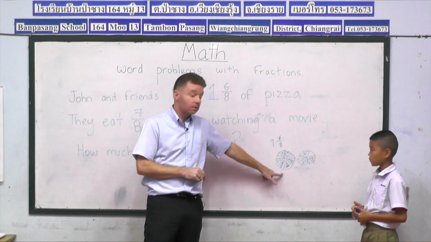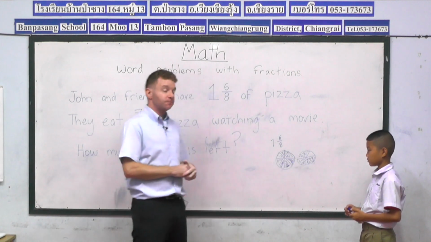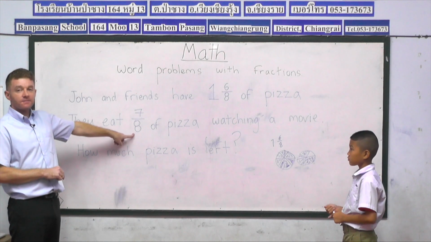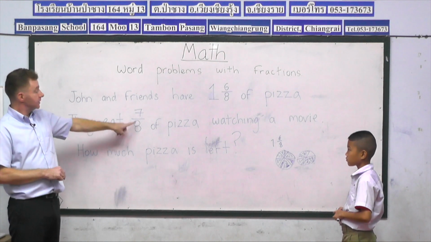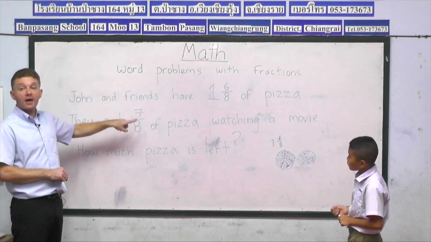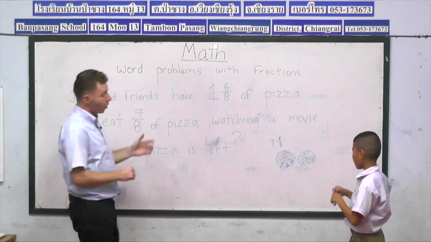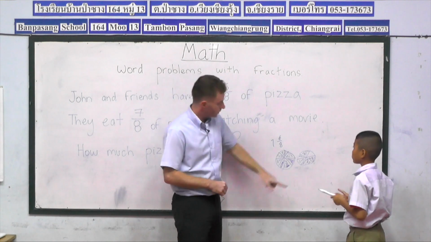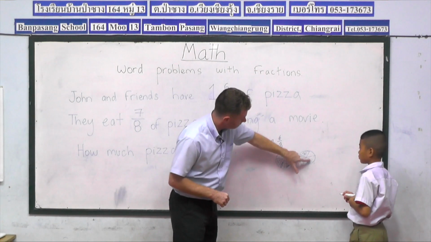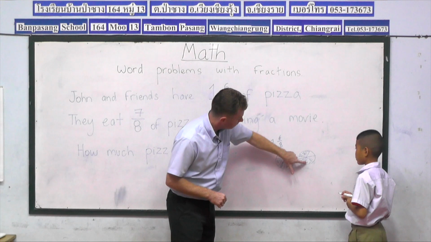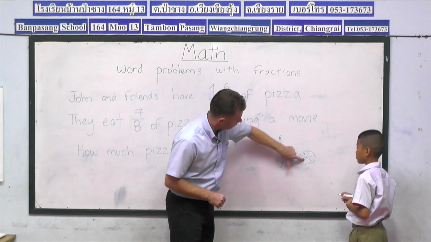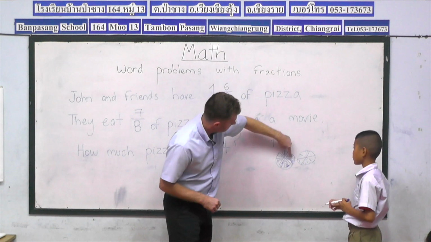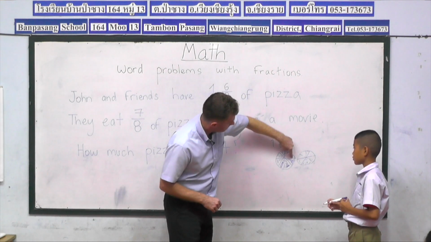1 and 6/8. But then, when they're watching the movie, how much pizza do they eat? 7/8. Okay, so what we can do, we have to remove 7 slices. So they eat 1, 2, 3, 4, 5, 6, 7.